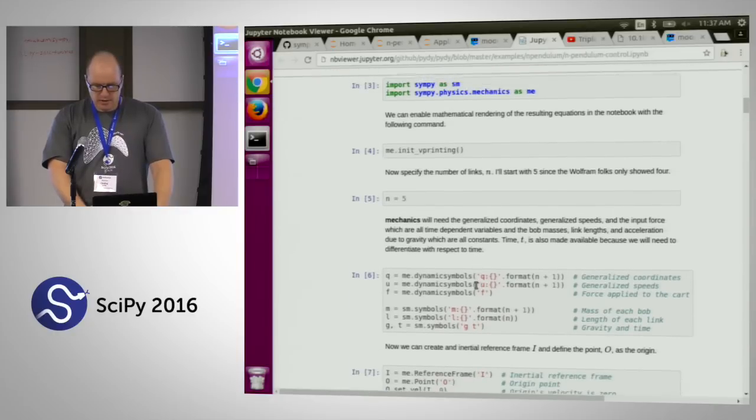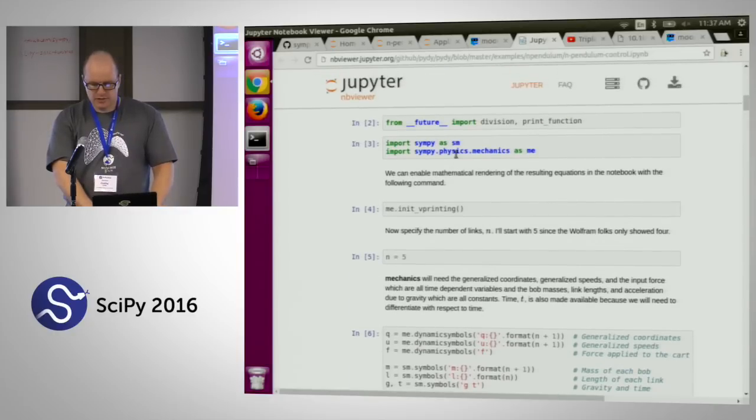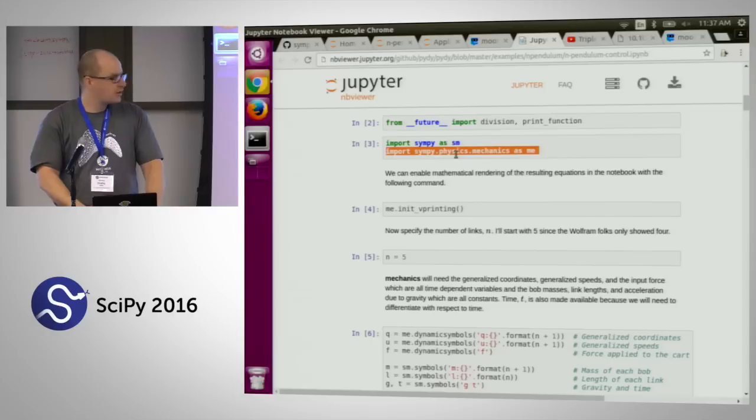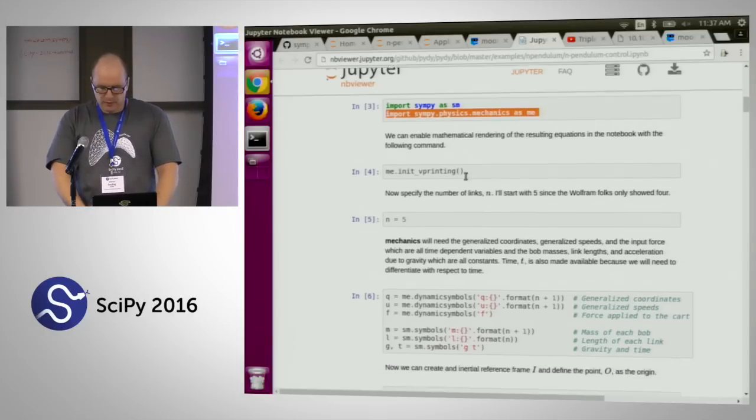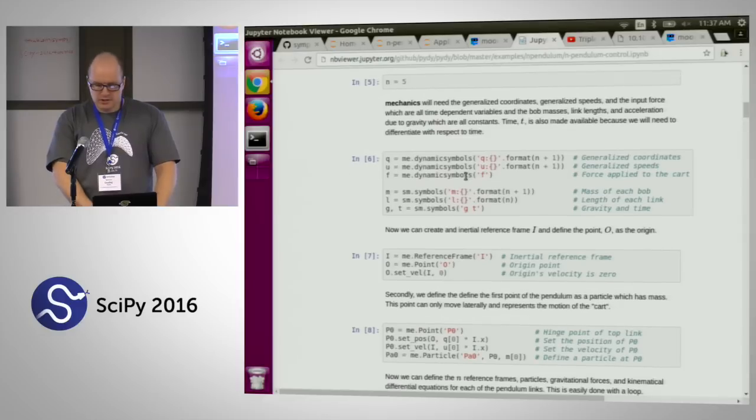So SymPy has a sympy.physics.mechanics module, which allows you to deal with these kinds of systems. The way it works is that you create dynamic variables, in this case positions or the angles, and velocities and forces. Masses and lengths you just leave as SymPy symbols.